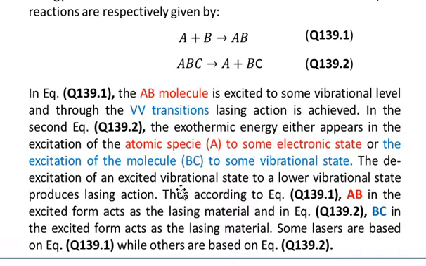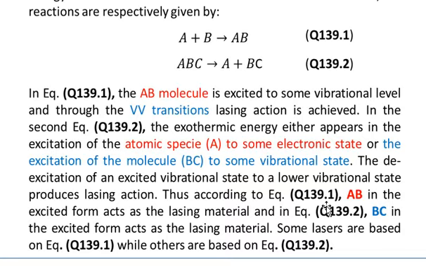The de-excitation of an excited vibrational state to a lower vibrational state produces lasing action. So in these types of reactions, the lasing action is due to the de-excitation of an excited vibrational state to a lower vibrational state.